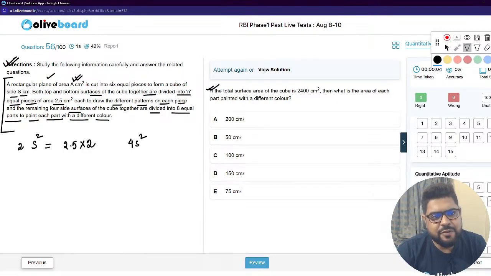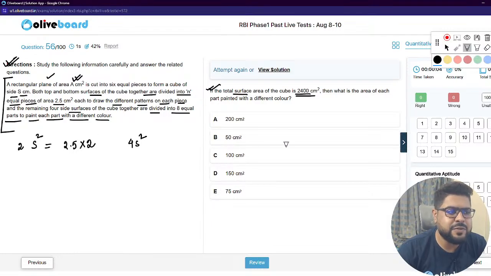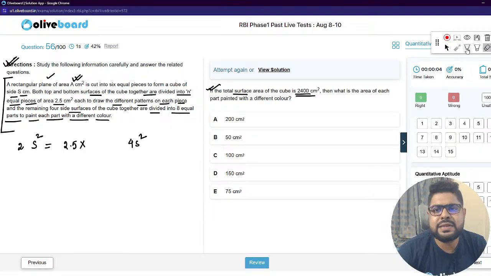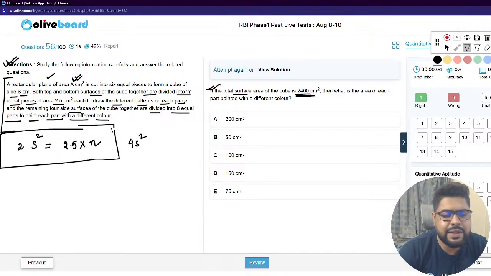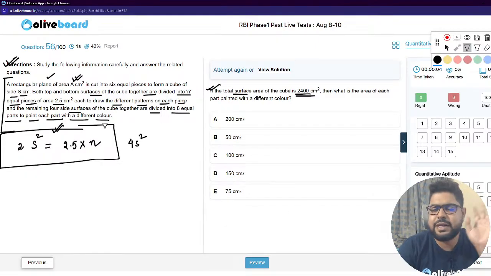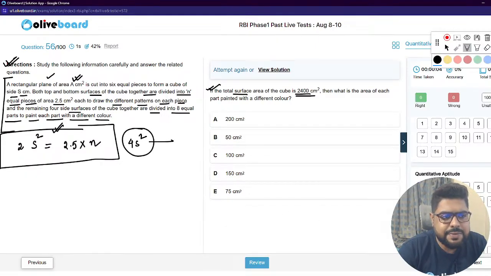Top and bottom surfaces are divided into n equal pieces of 2.5, so the equation should be 2s square equals 2.5 into n. And this 4s square has been taken into 8 equal pieces. This information I'll use somewhere else.